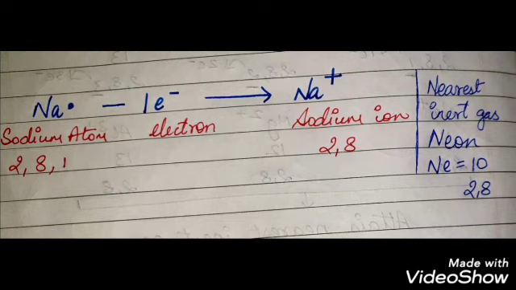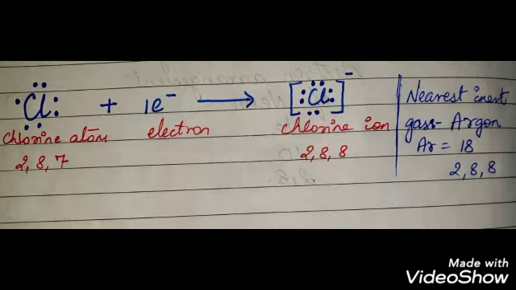The atomic number of sodium is 11, so its configuration is 2,8,1. Sodium atom has only one electron in its outermost shell, so it will donate its electron and form sodium ion, which is Na+. The atomic number of chlorine is 17, so its electronic configuration would be 2,8,7.